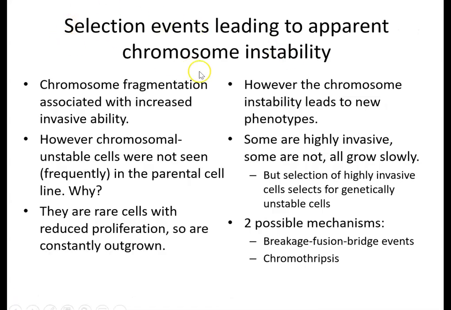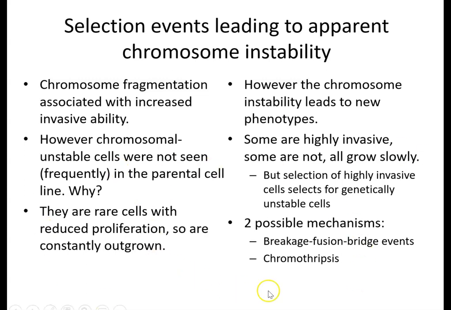So chromosome instability is a visible phenomenon. We can do a karyotype of the cell and look at the chromosomes, and we see occasionally very chromosomally unstable cells. These populations are often selected for in metastases, and you end up with more complicated chromosome abnormalities in the metastasis than the primary tumour.